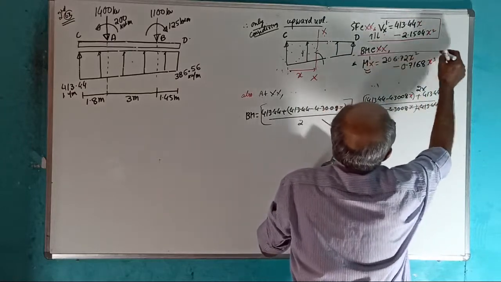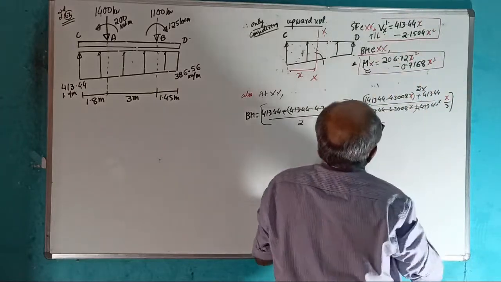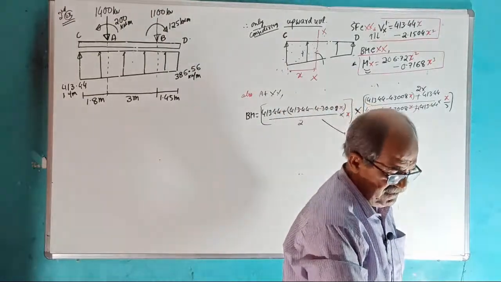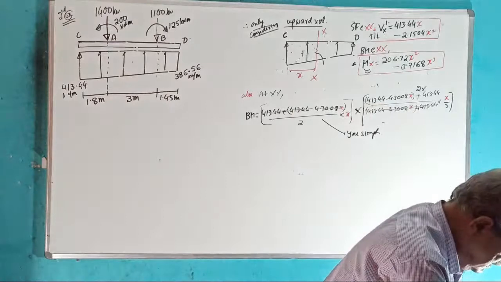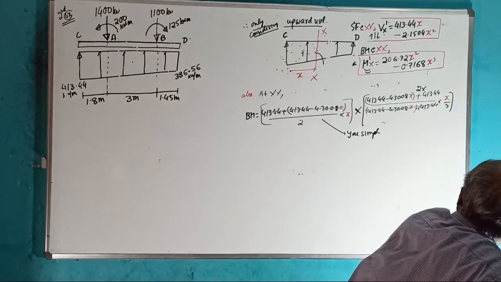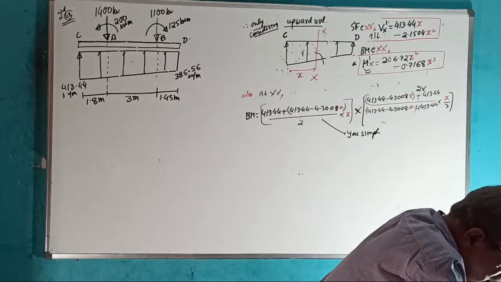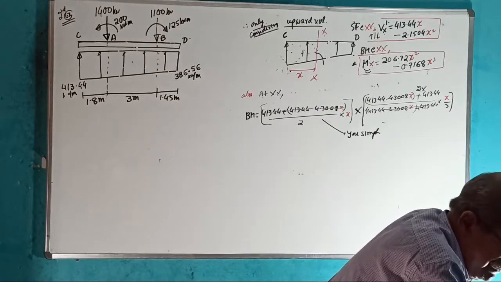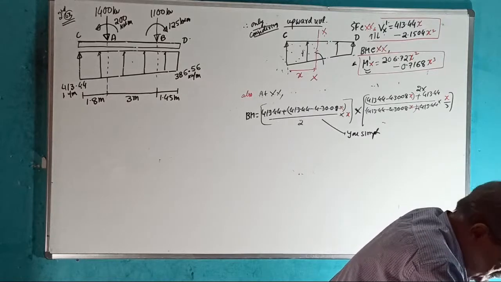This will tell the variation is cubic parabolic. This much I thoroughly explained last time. Tell fast, this much clear? No, this much is clear. Already told last time. You can refer to the last class for more and more steps.